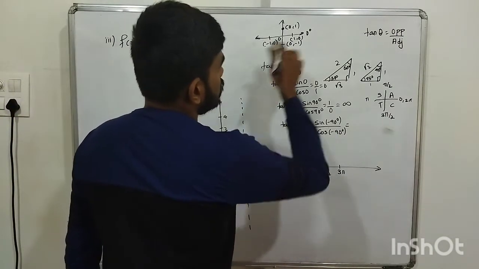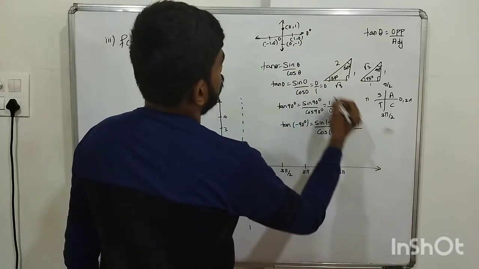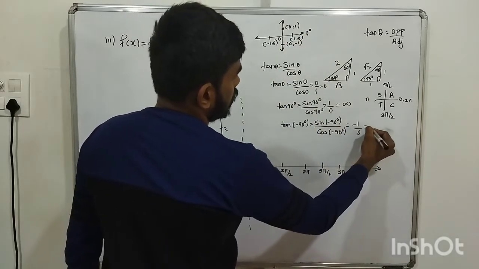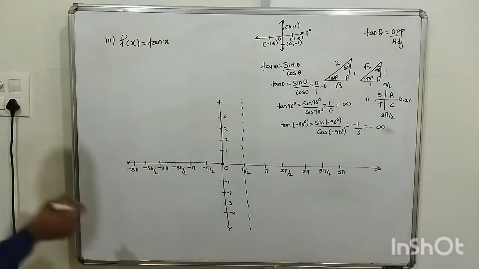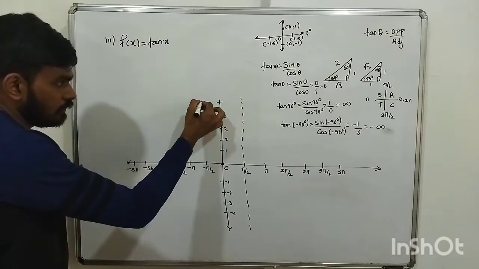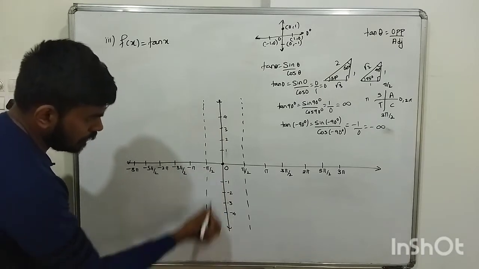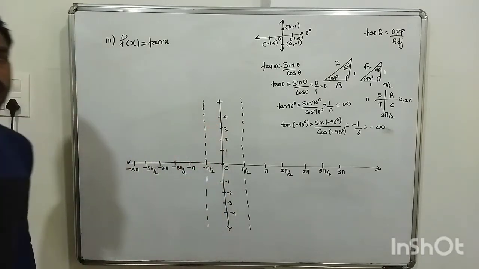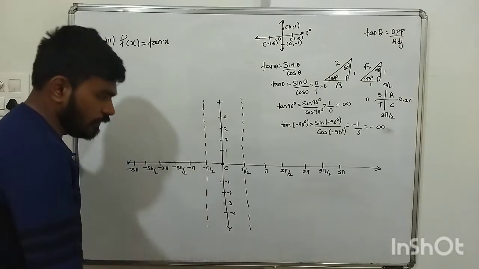Sin minus 90 degree is minus 1 and cos is 0. This is minus infinity, negative infinity. Again, there is no point where it satisfies here. So we'll draw a line here like this. For minus pi by 2, it is at infinity. It is nowhere here. It is at infinity.